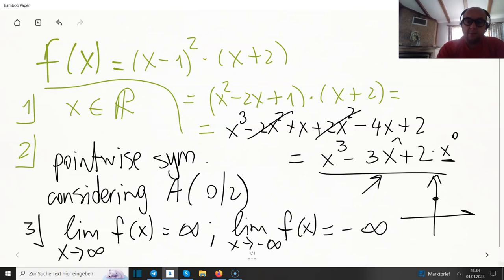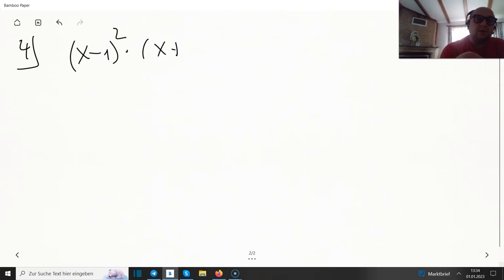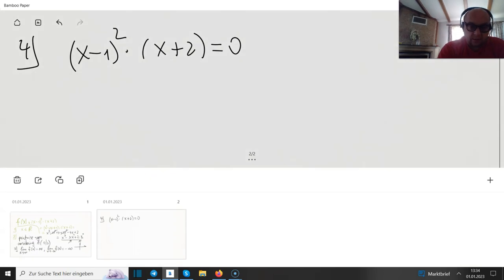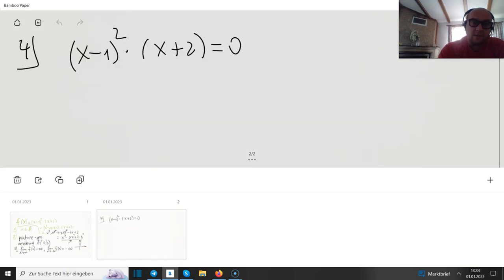Number 4 are the points of intersection. In this case, we rather use the first form, (x minus 1) squared times (x plus 2). Just have to make sure I got it right. Yeah, that's all right.